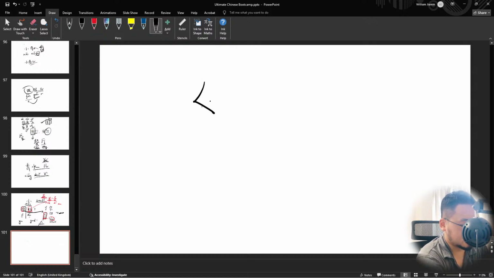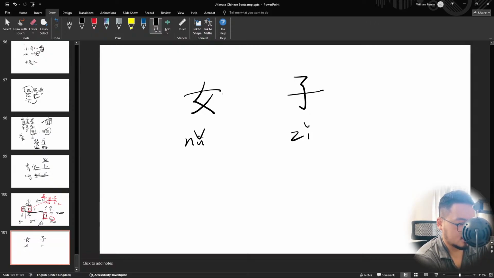So for example, this is a single component character, 女, right? So it's like a girl. This is also a single component character, 子, right? Single component is just that, you can't decompose this into smaller parts. It's just an integral part. So we call that a single component character.